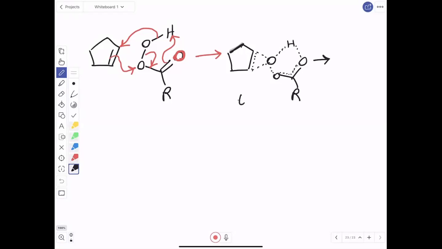This is the transition state, and then it becomes the epoxide. Epoxide plus carboxylic acid.